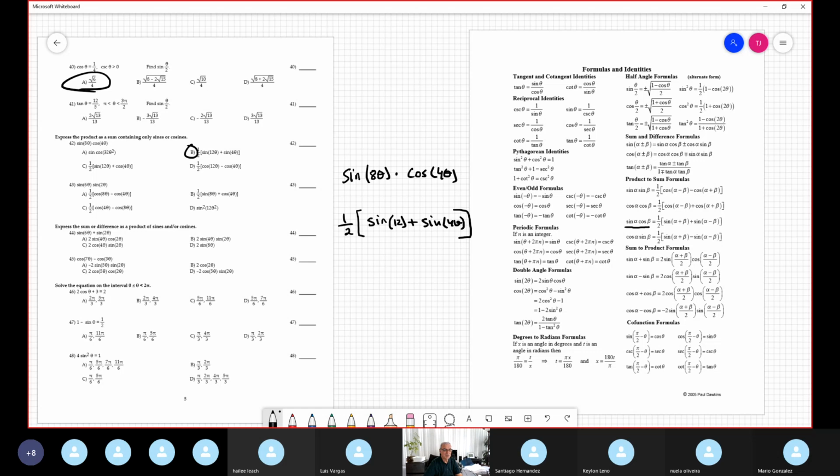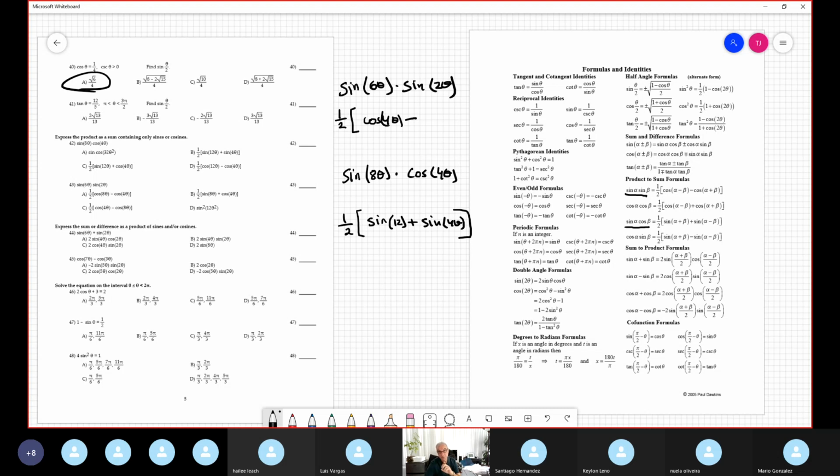Likewise, number 43, which is sine 6 theta times sine 2 theta. So I try to find the formula that states the relationship between sine and sine. It is the first one: 1/2 bracket, cosine of the subtraction, 6 minus 2 is 4, cosine 4 theta, minus.